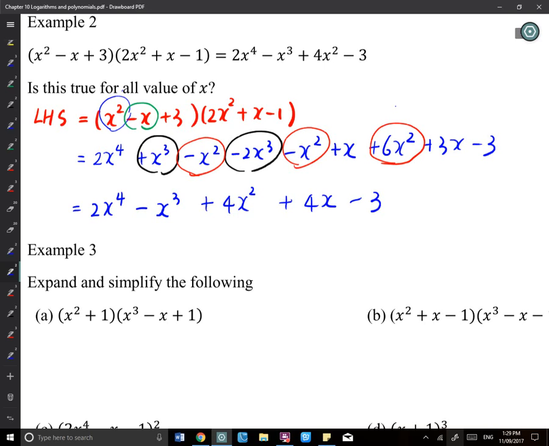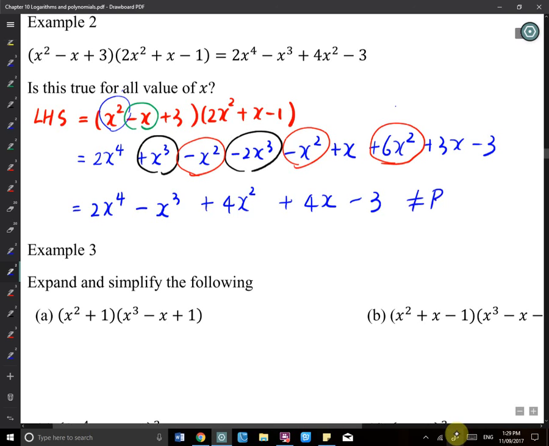That's correct. So there's no 4x on right hand side. So they're not the same. So this thing is not always true. So this is not equal to right hand side. So this is not true for all x.